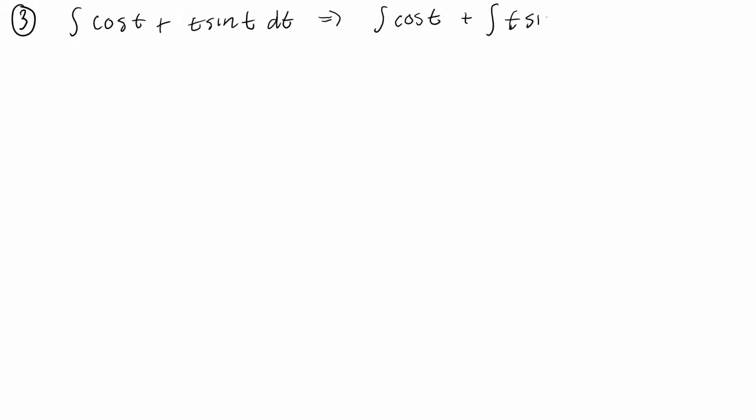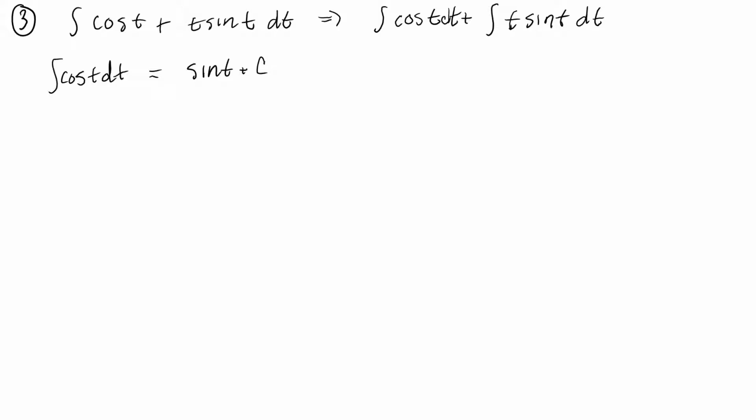And we will have another by parts here. Go ahead and solve the simple one first. And we end up getting the integral of cosine is just sine t plus c. And now we have by parts again.